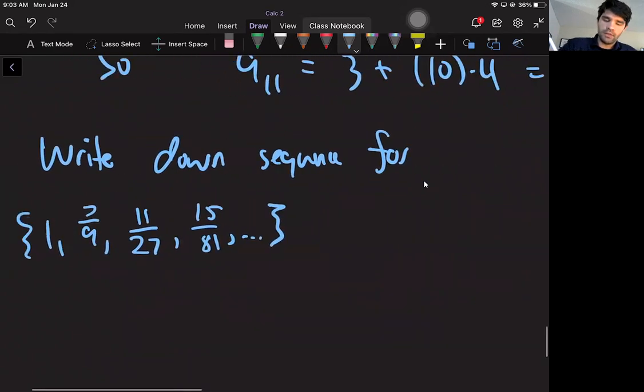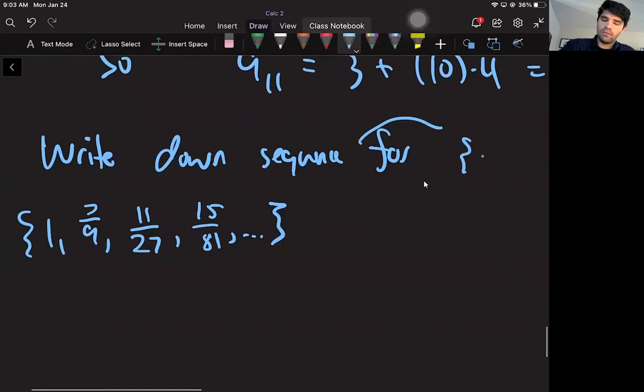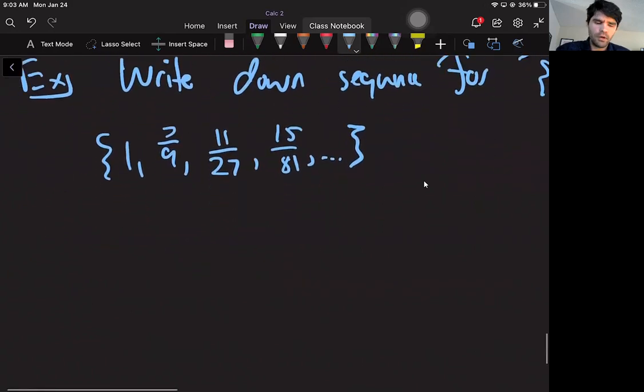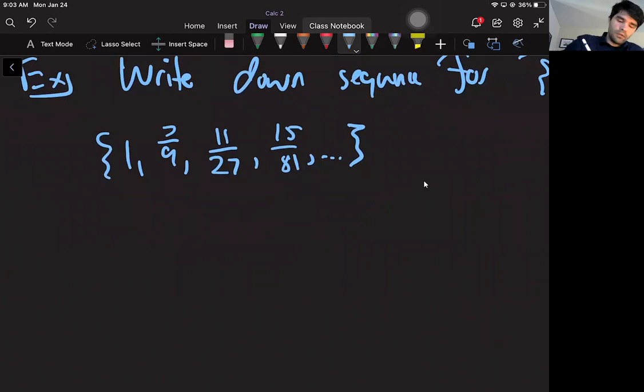So when I say write down the sequence, what I'm saying is you need to find the formula, but then also you should write it in these curly braces. Once you have it, okay. So we'll sort of do the same idea. So it's nice to just sort of write these in a little list, a vertical list, so that you can sort of try to see what's going on here.